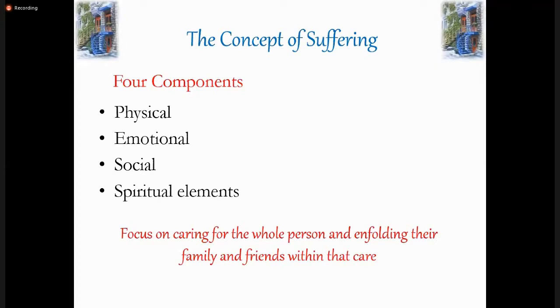A patient who has a terminal illness or who is seriously ill can go into a feeling of isolation, can go into depression because of the chronic disease, or because of loneliness, and because of the feeling that he or she is a burden to the family. And then stress and anxiety and fear of death. So you have to deal with all these emotions and feelings of the patient.